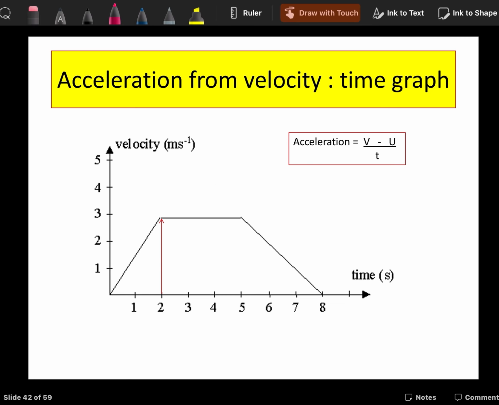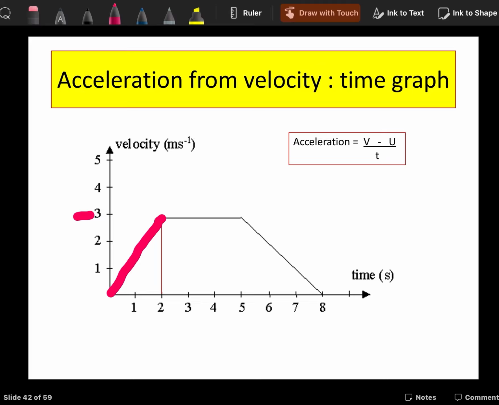So how can you find the acceleration from a velocity time graph? You have to choose the line where you want to find the acceleration, for example this line, then find its gradient or slope. Slope means rise over run. So look, this line starts from where? 0, and where does it end? 3.